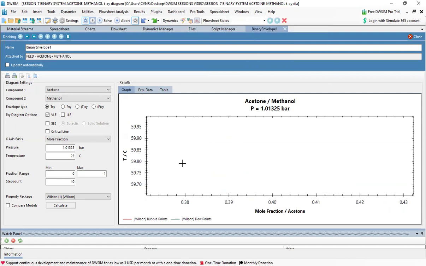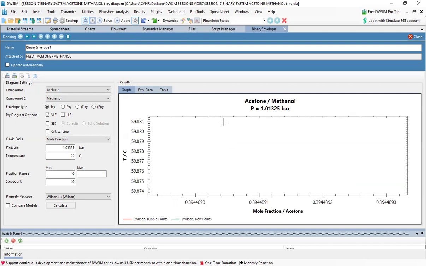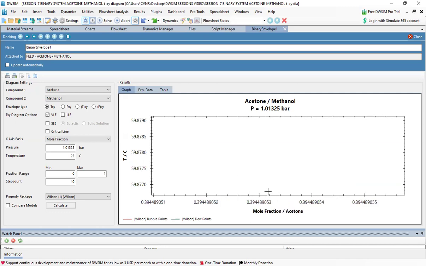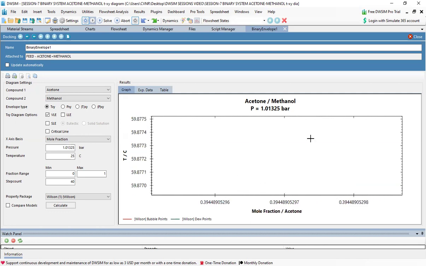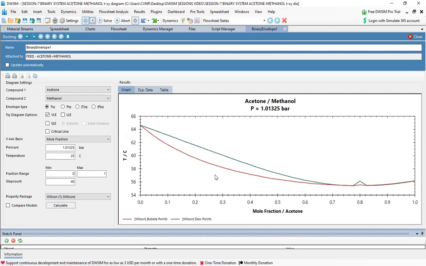Yeah, I think now, yeah, okay. Unzoom, unzoom all pane. Now see, this is the curve we are getting for the T versus XY.